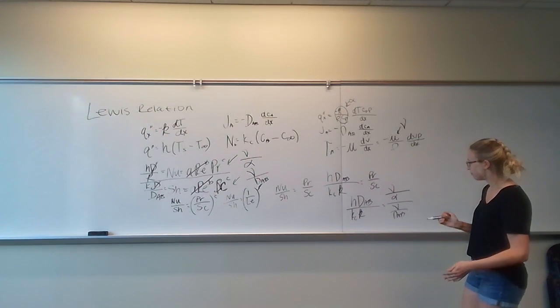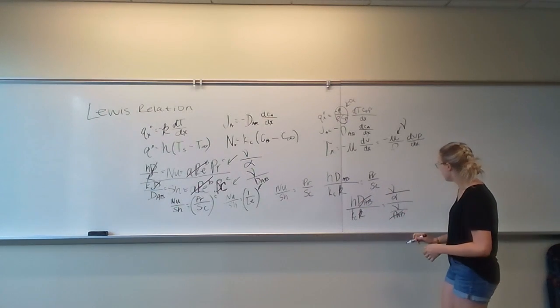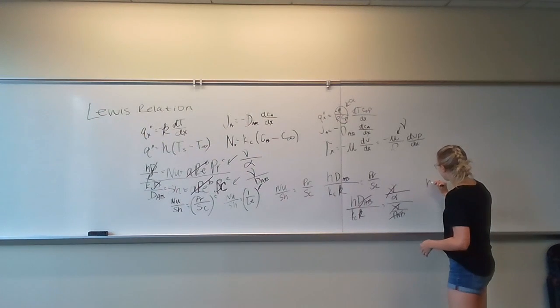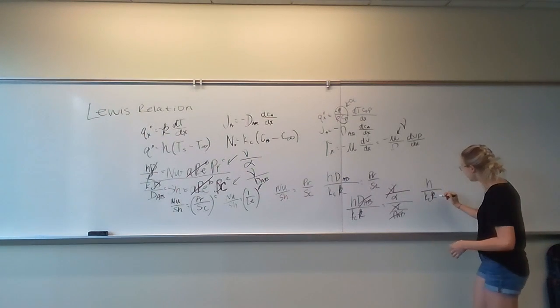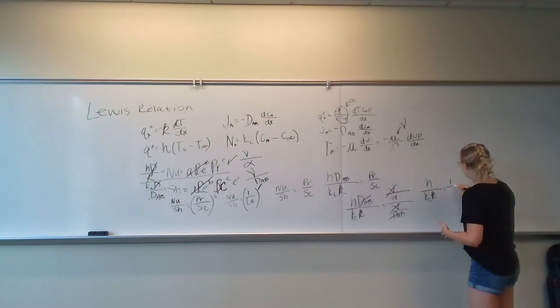Now we can simplify this a little bit. The diffusion coefficients cancel out, and the kinematic viscosity terms cancel out, and we get H over Kc times the thermal conductivity is equal to 1 over alpha.